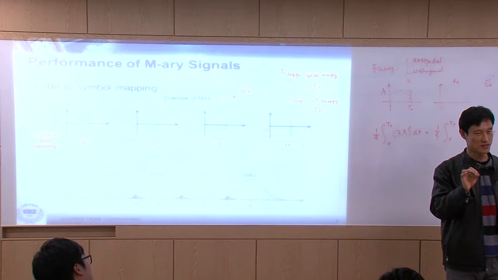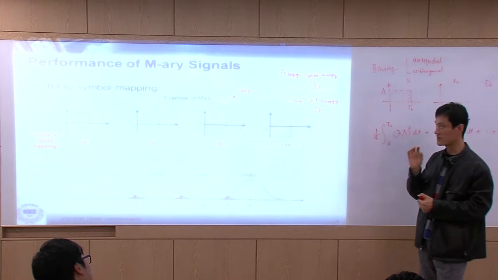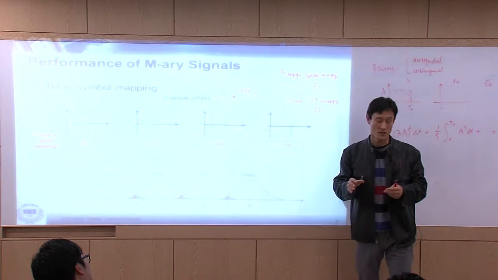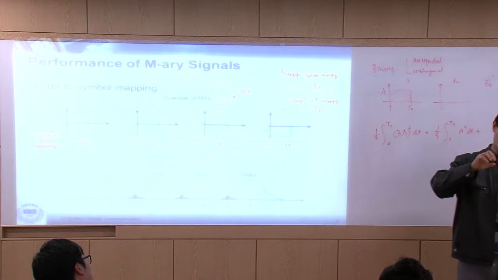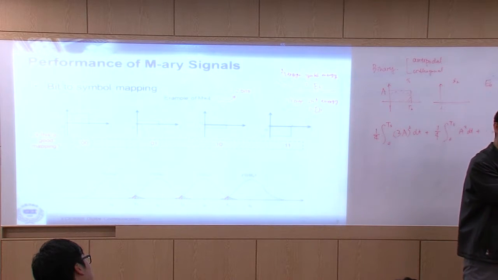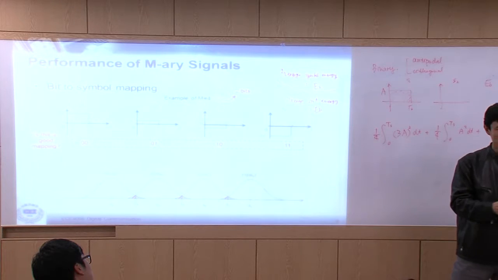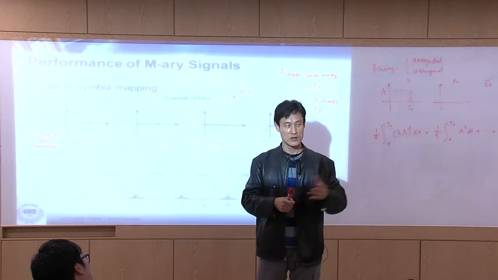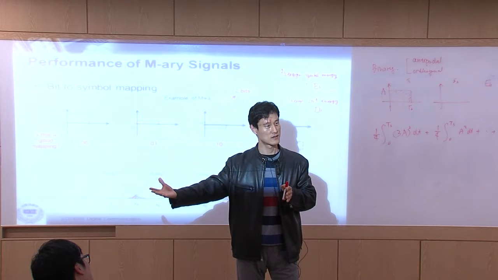Every time, symbol is transmitted. So eventually your information is bits, but the transmitted information is symbol. So somehow you have to change the bits to symbol. That's what happens at the transmitter. The receiver receives the symbol and changes it back to bits.